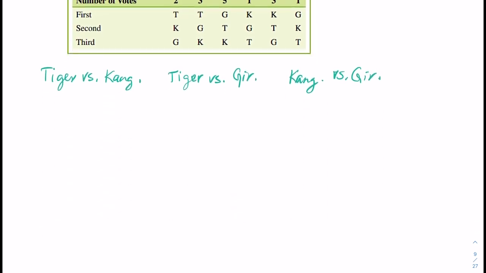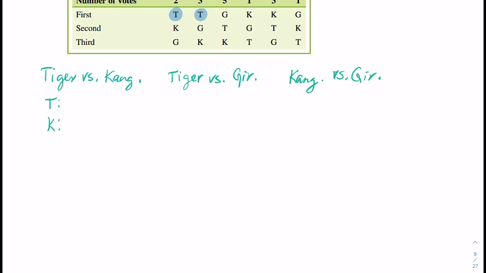And I'm going to use my preference table now. I'm going to figure out how many first place votes for just the tiger and just the kangaroo.